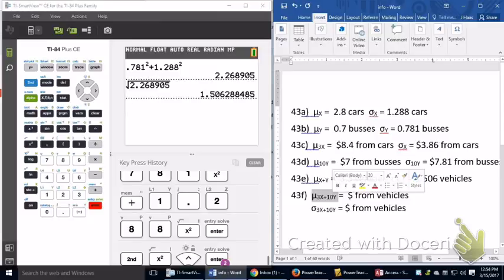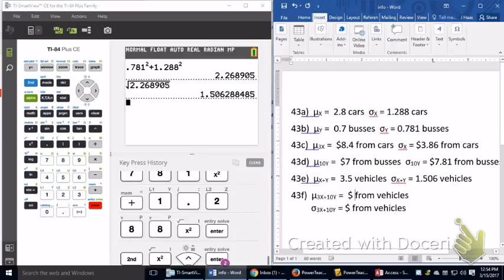Now what I would do to solve this is I would first figure out the expected value and standard deviation for 3x and 10y separately. But the good news in this case is using my answer for part C and D, I already have that information. But if I had not already worked that out in part C and D, I would figure out the mean of 3x like I have here, and then the mean of 10y like I have there, and the same thing for standard deviation before I would attempt this problem.